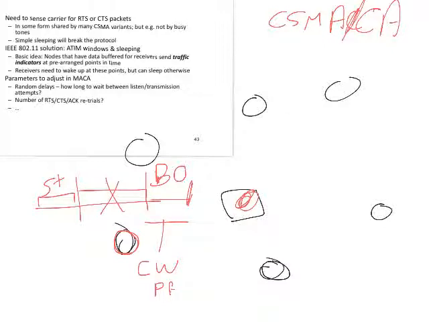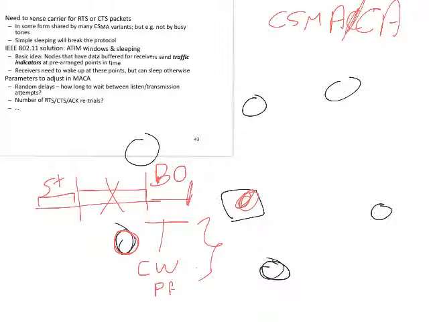The time is the slot time, and you wait in increments of that slot time. You can wait 1T, 2T, 4T, 8T, 7T, whatever.